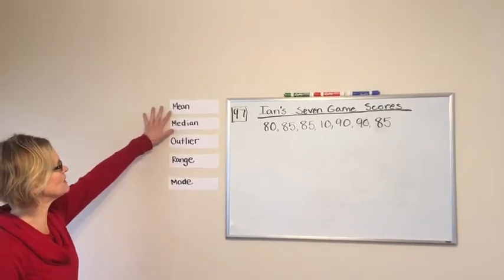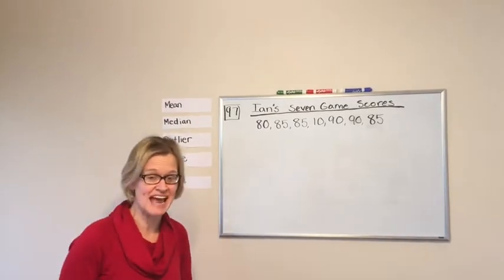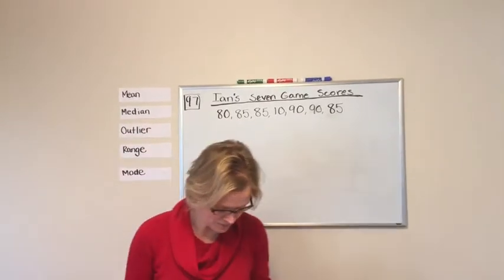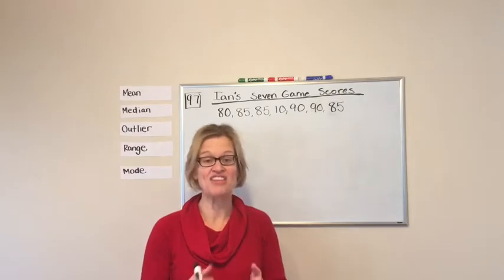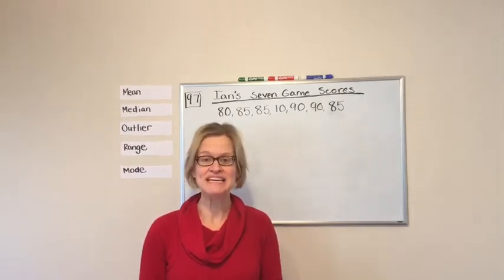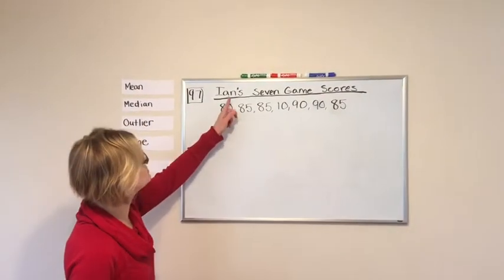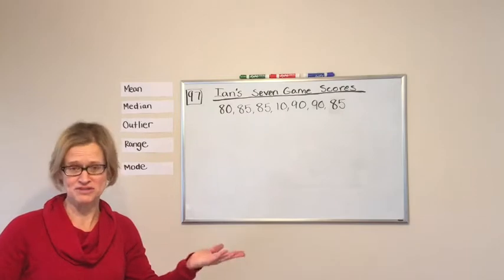The first term we're going to deal with is mean. Now, because we just learned average, mean is going to be very familiar to you. Remember, with average, we added the numbers and then we divided it by the number of numbers. Mean is the same thing. For example, we are going to use Ian. Ian is our friend. I don't know, someone's friend.